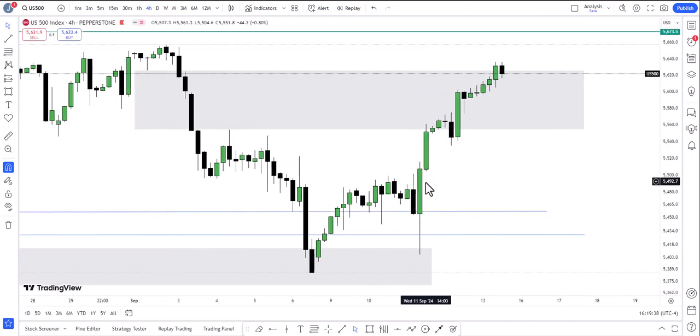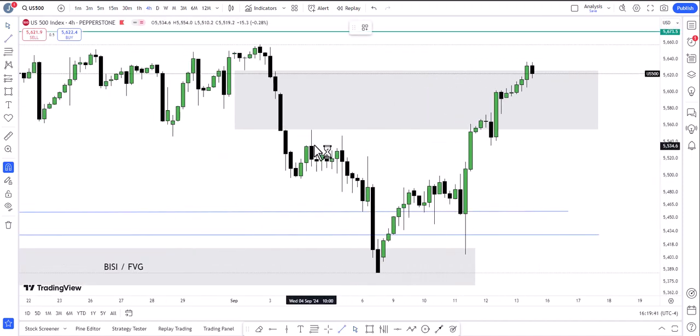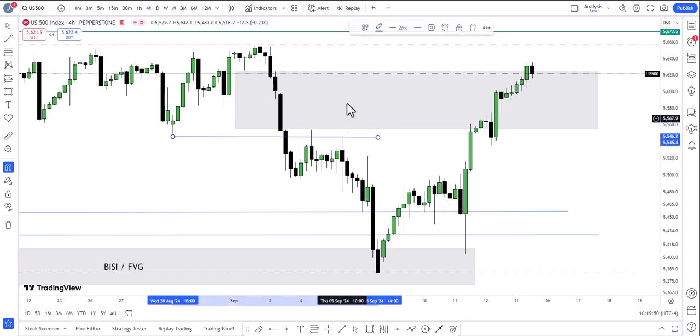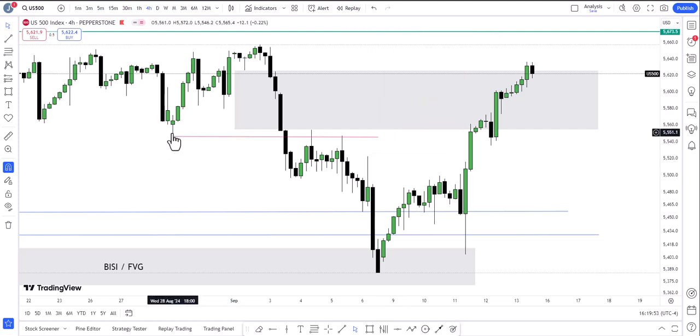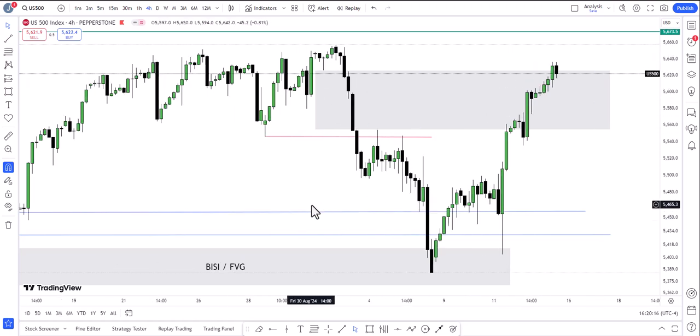Ultimately now on a 4 hour, as you can see, old low respected there, came down into that buy side imbalance as I was saying, and then obviously rejected off of that, started to expand here, consolidation, came down, tapped into it, boom, straight up into that level here. And this is kind of the main focus point, I suppose, of the video.